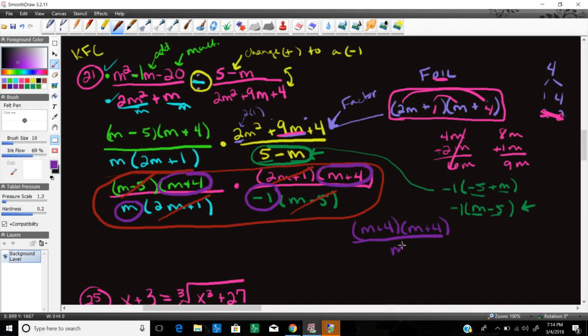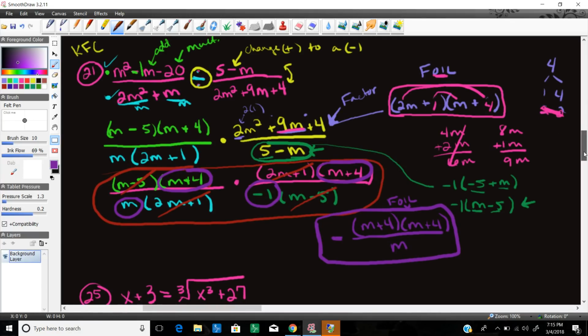So I'm going to go ahead and just put the m. And with the negative 1, we could put it down here, but typically we like to put those negatives in the front. So we can leave the negative right there in the front. And this right here, after all this work, is our final answer. Okay? If you wanted to go a little bit further, you could FOIL this piece right here, but I'm not going to make you do that, so you can leave it like this. Okay?